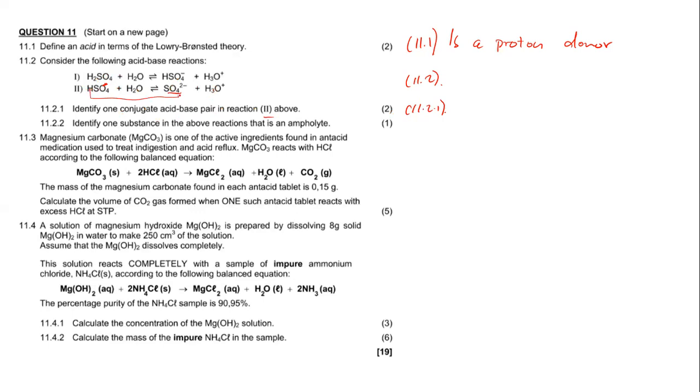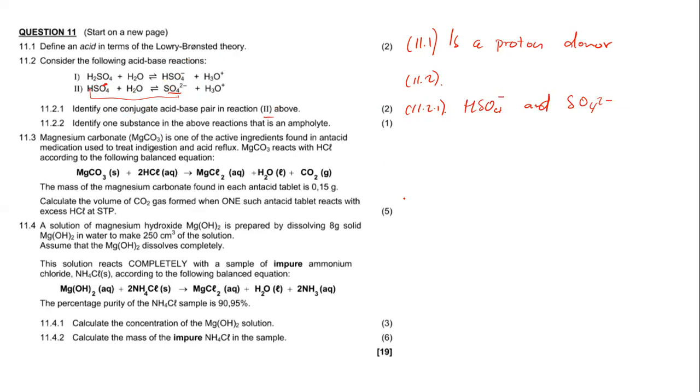This will be the acid, and here will be the conjugate base, because when the reaction reverses, this will have to act as a base by accepting a proton to form this, according to this theory. So we can just say it's HSO4 minus and SO4 2 minus, or you can take H2O and H3O plus ions. You can take them if you want to.